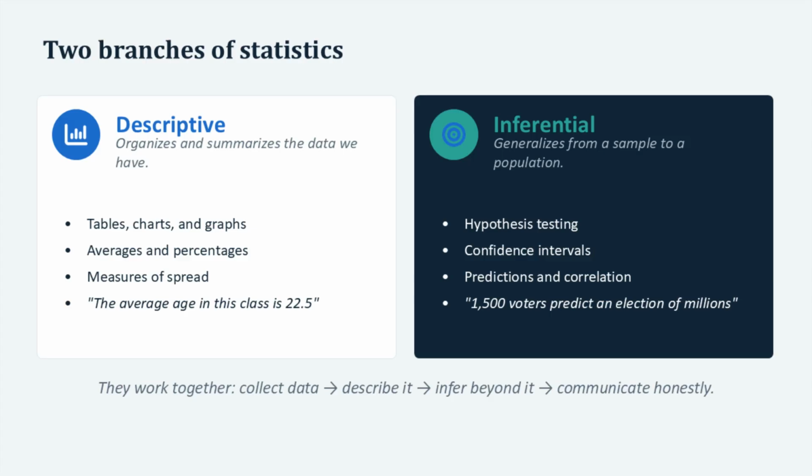So here's a quick gut check you can always use. If someone is simply summarizing the data they already have, that's descriptive. If they're reaching beyond that data to make a claim about a larger group, that's inferential. We're going to move back and forth between these two ideas throughout the entire course.